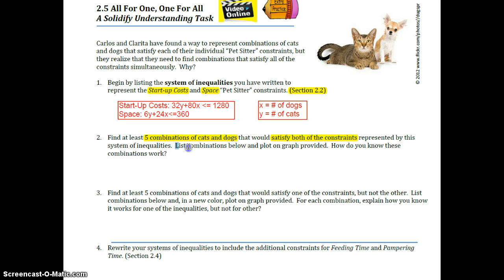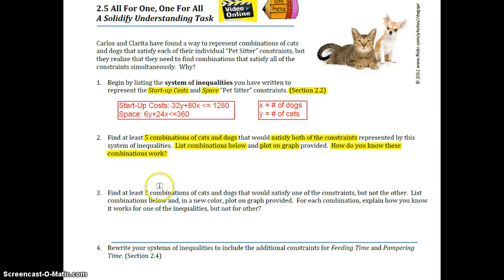You need to list the combinations below, plot them on the graph that I'm giving you, and explain to me, so I'm expecting to see sentences written, how you know these combinations work. Please don't forget this last sentence here, because if you don't have a sentence written, you are not getting full credit.